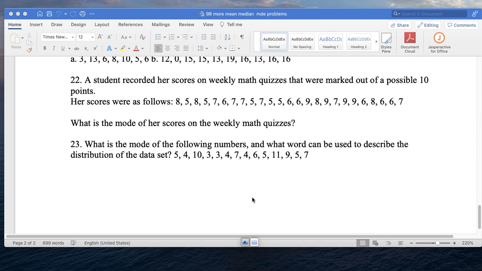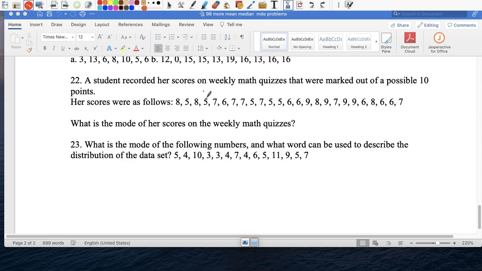Okay. What is the mode of the following numbers, and what word can be used to describe the distribution? Okay, so lowest number 3. That came out twice. The 4 came out once, twice, 3 times. The 5 showed up once, 2 times, 3 times. The 6, is there a 6? Yeah, it showed up once.